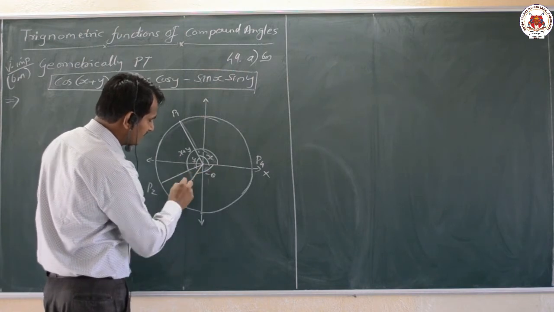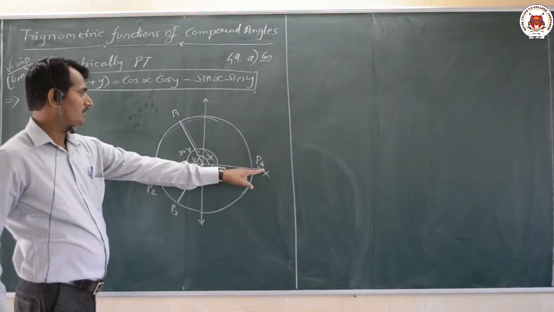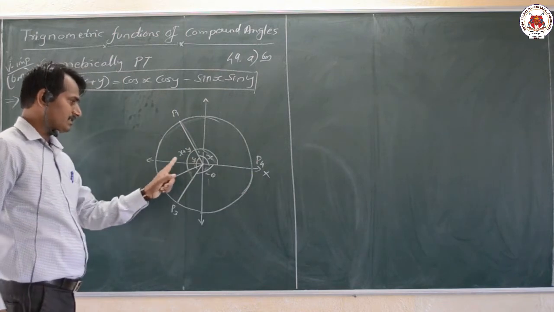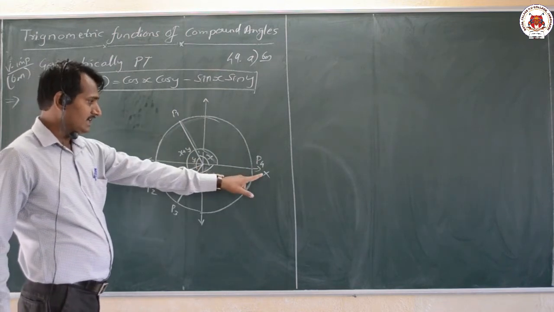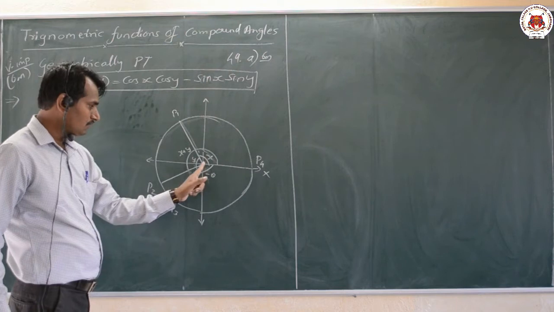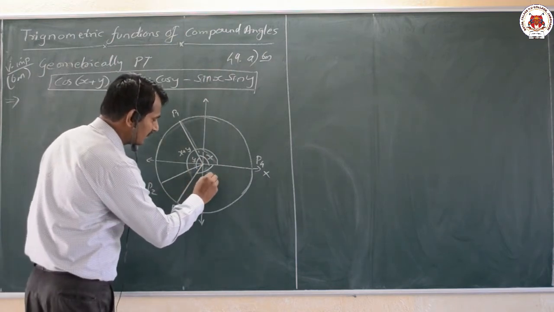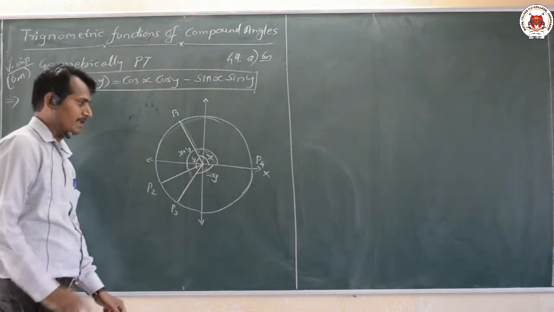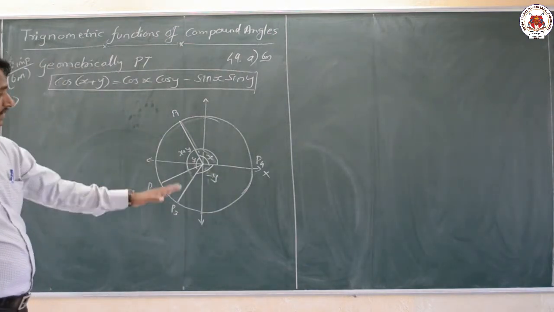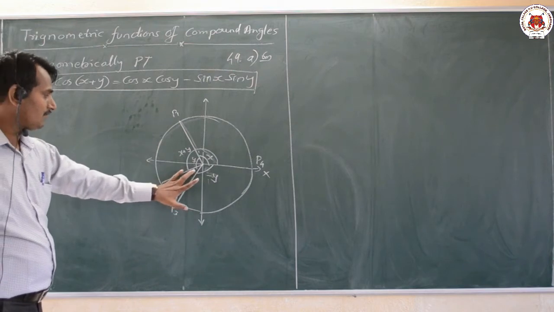Here P4OP2 is x plus y, and P4OP3 I can take as minus y. So now these are all the angles that we have defined here.